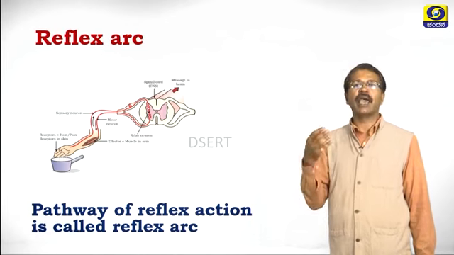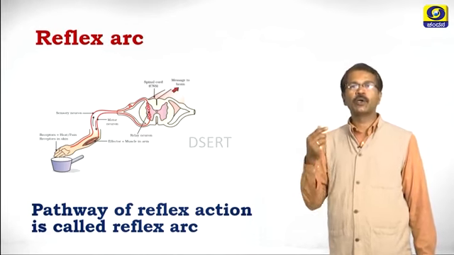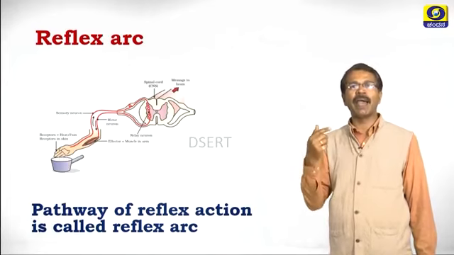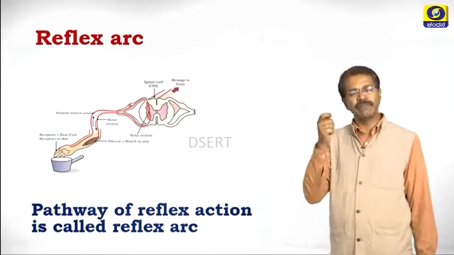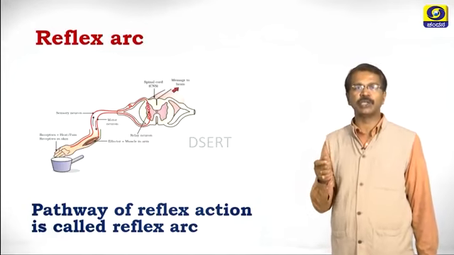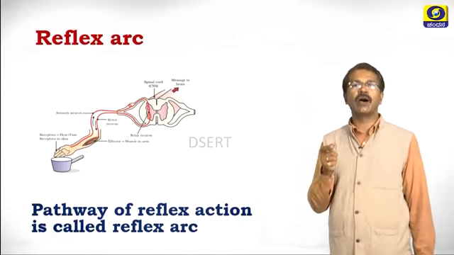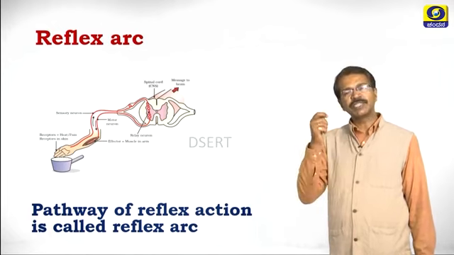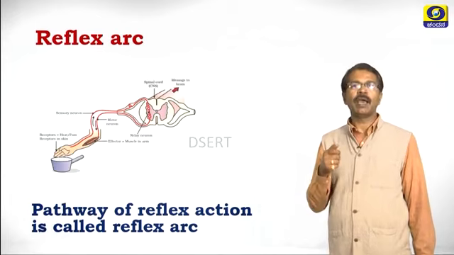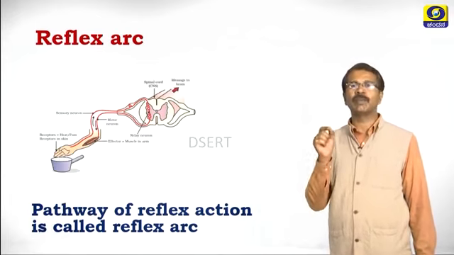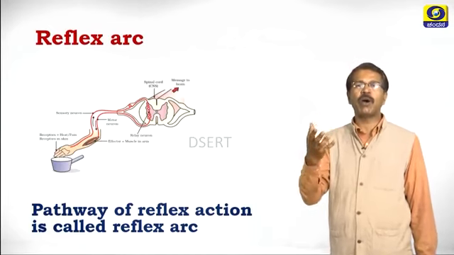Since here it is an emergency situation, impulses going to the brain and coming back may take some time. Definitely it will take some time. During such emergency situations, the spinal cord takes immediate action. It will send a message to the brain, but instead of waiting for a message from the brain, the spinal cord itself initiates the response.